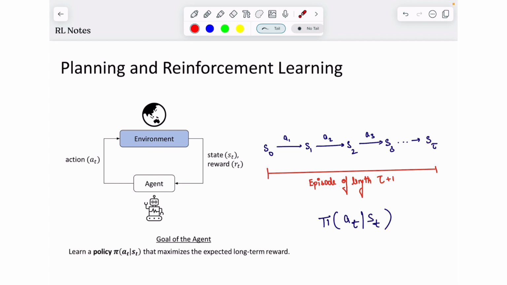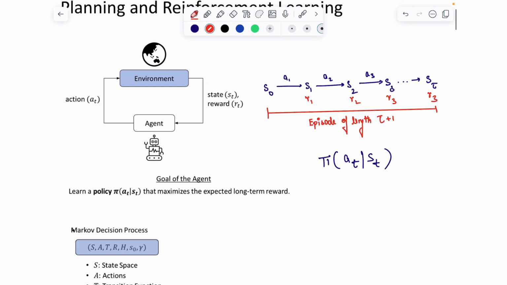At each time step you are not only getting the next state, you are also getting the reward corresponding to that state. Your goal is that you want to maximize this expected long-term reward. That means you want to maximize the expected sum over t of r_t.